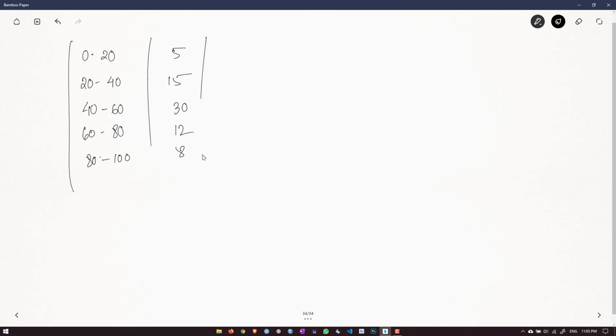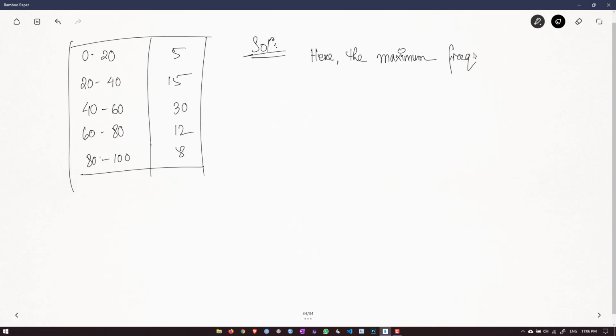So this is your data, and you are supposed to find out the mode. Solution. Here the maximum frequency. Now what is the maximum frequency? Maximum frequency is 30, right?